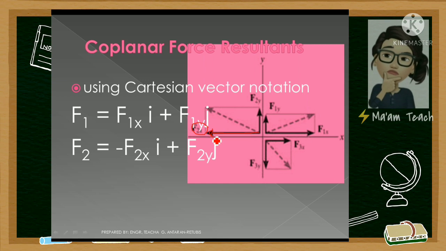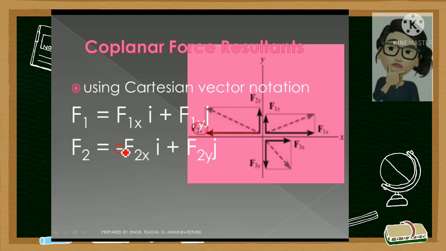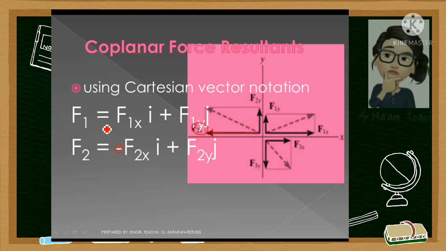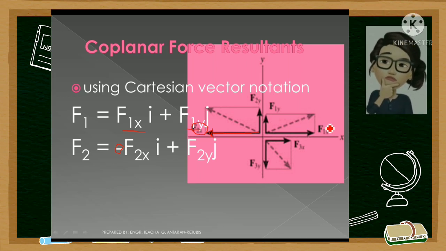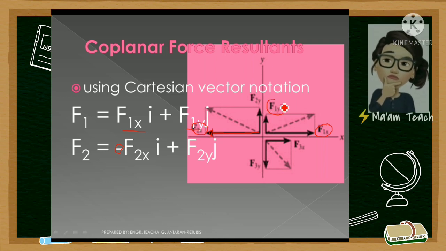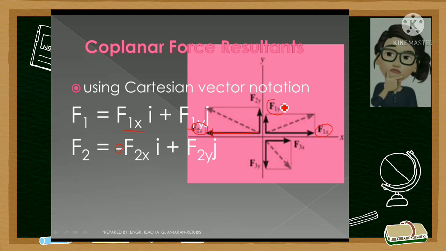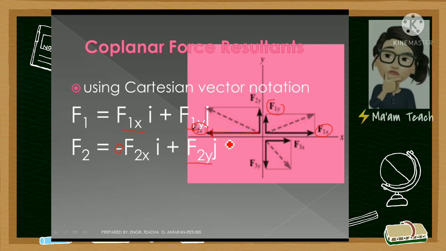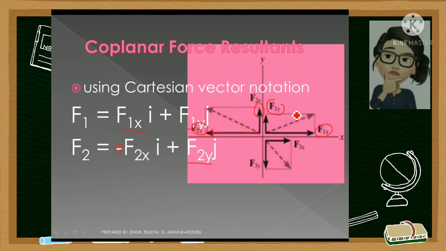In this case, your x component of F sub 2 is to the left, so we have placed a negative sign here. You will notice that our F sub 1x and F sub 1y are both positive. It's because F sub 1x is to the right and your F sub 1y is upward. By the way, your F sub 2y is upward, so it's positive.